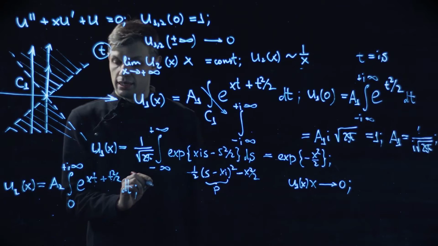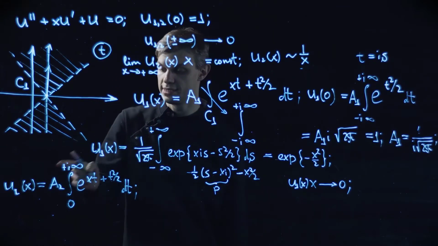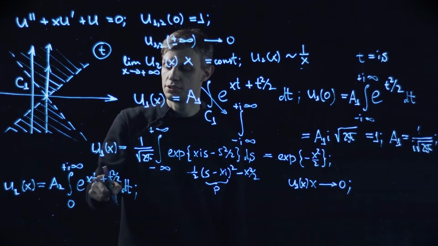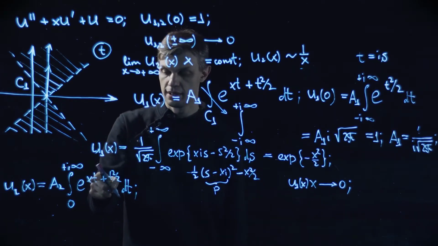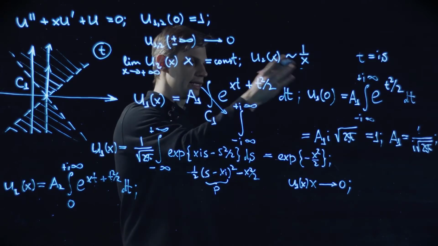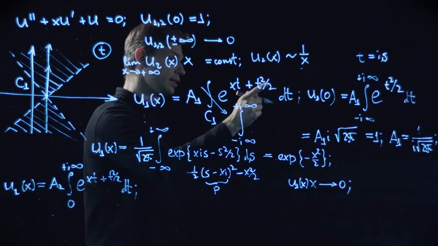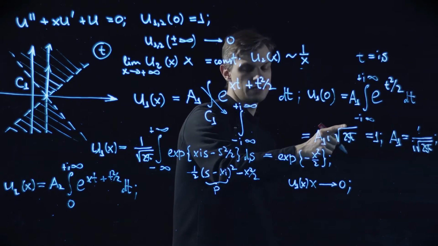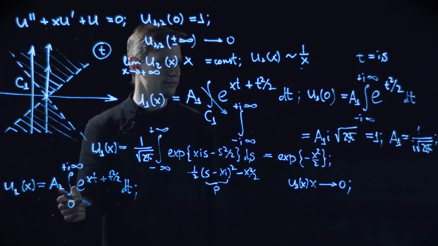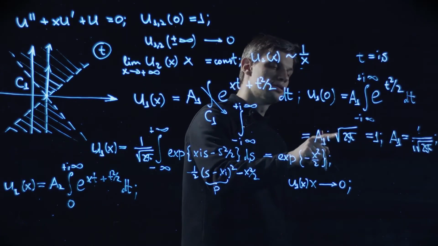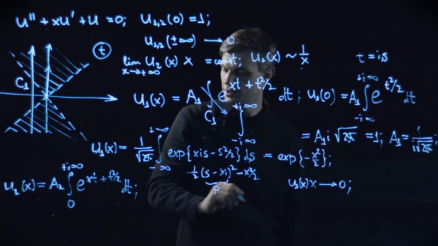Okay, so again, let's normalize our solution. Let's fix our constant a2. If x is equal to 0, then again we are dealing with the same kind of Gaussian integral which we encountered before. But before it was taken from minus i infinity, now it's just half of it because it's taken from 0. So the answer would be the square root of pi over 2, all right?